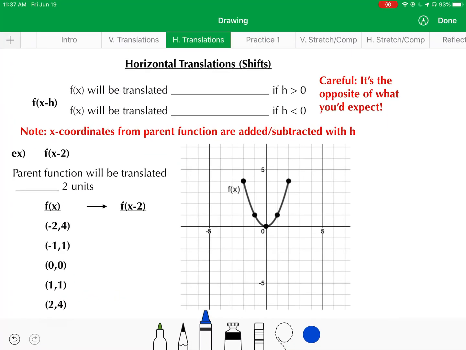All right, so in the case of f of x minus h, where the minus h is occurring within the function, when h is positive, we are going to be translated right h units.